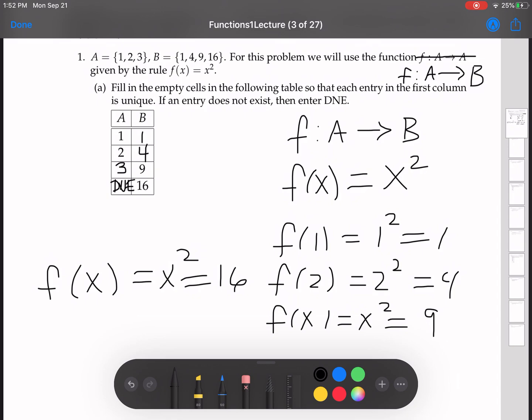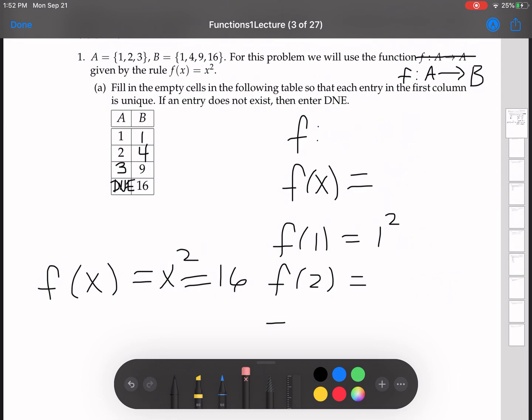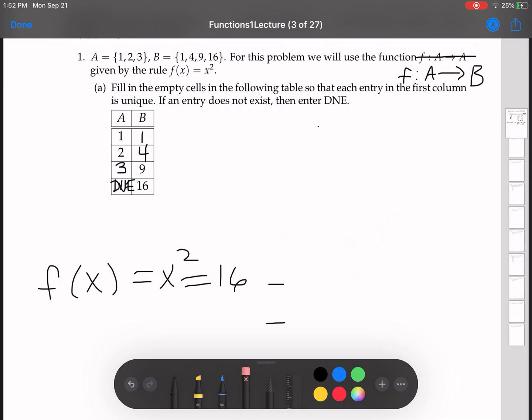Now, I know you're thinking to yourself, hey, that's not what I learned in calculus, right? What you learned in calculus is consistent with what I have here. If the domain A was defined for the number 4, then you would put a 4 in there. But the domain is only defined for 3 numbers, 1, 2, and 3.